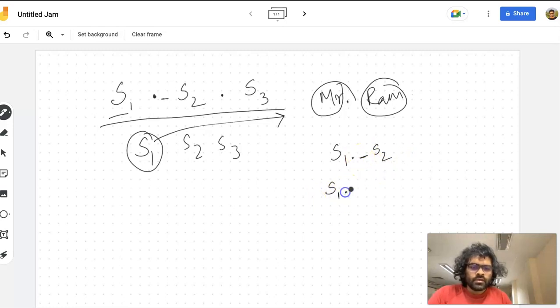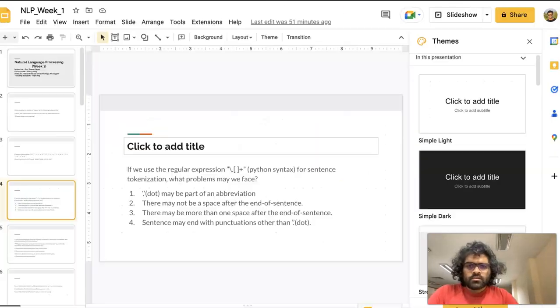After sentence 1 we put a punctuation mark and start sentence 2 right after it, without any space. This kind of syntax is very common. So this regex expression cannot catch those cases, and this problem will also occur.